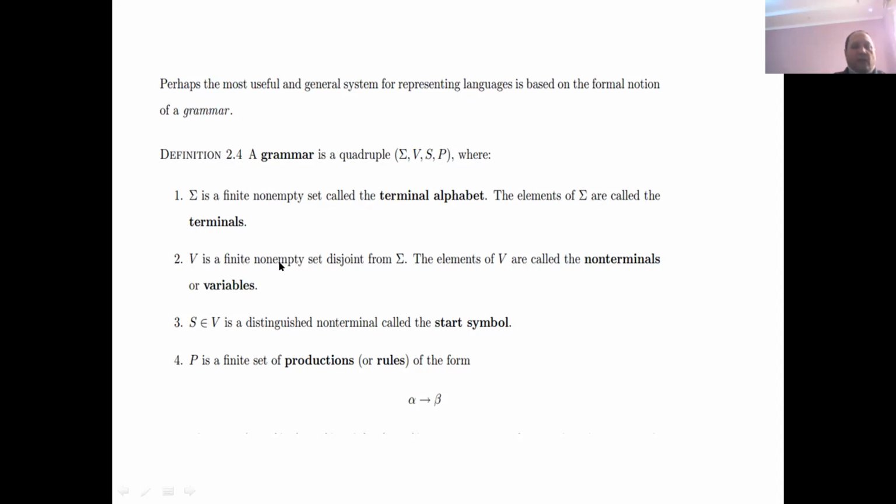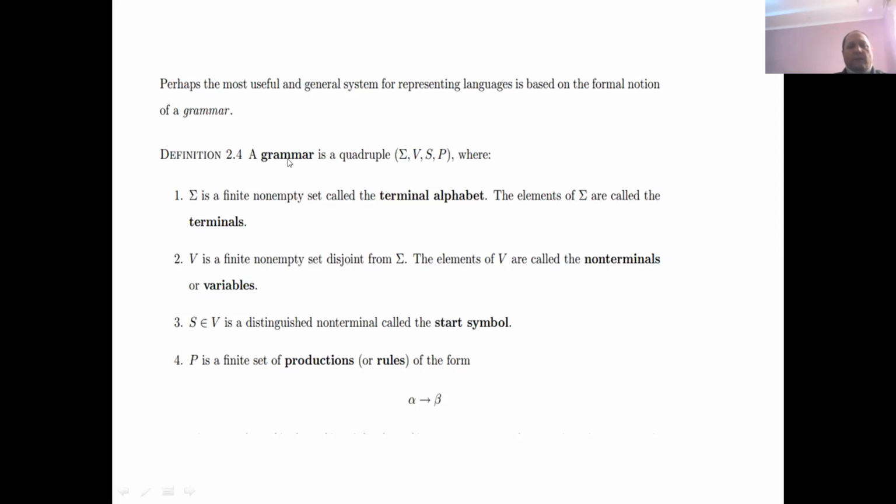V is a finite non-empty set disjoint from sigma. The elements of V are called non-terminals or variables. S is a distinguished non-terminal called the start symbol. P is a finite set of productions or rules.